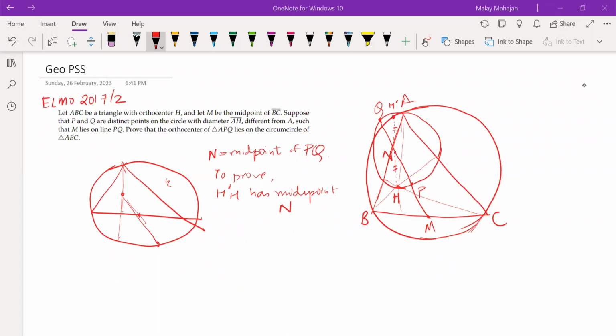Can you see why? So try proving that N lies on the nine-point circle of ABC. And we have that it passes through the midpoint of BC, given. So let's add the nine-point circle.